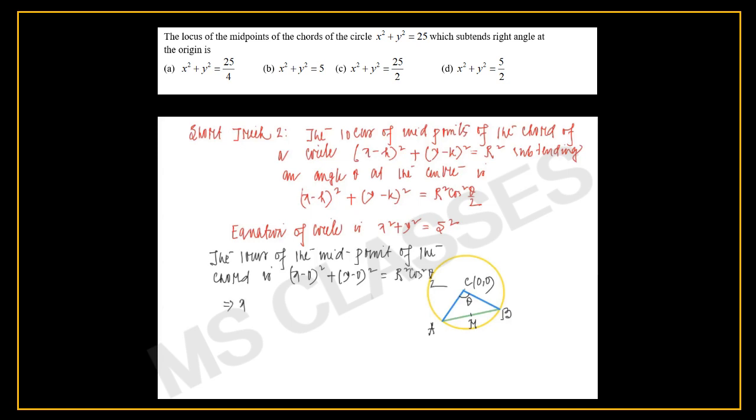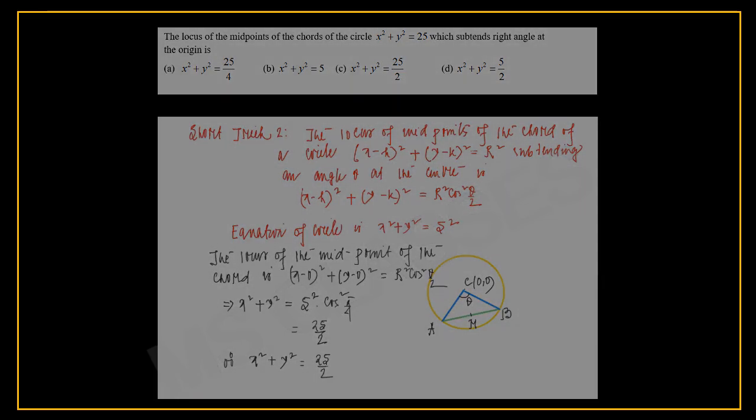Here we know what r is. Here r is 5, so it is 5 square cos square theta by 2. Theta is given here as 90 degrees. So that means cos square pi by 4 will give 1 by 2, so that will be 25 by 2. So ultimately what we get is that the required locus is x square plus y square equal to 25 by 2.